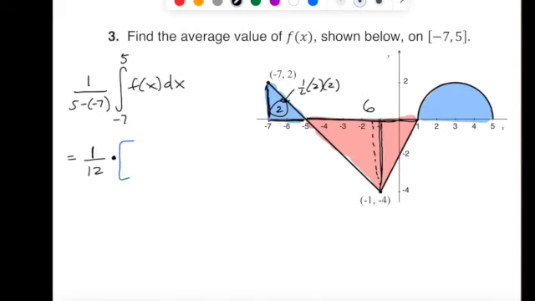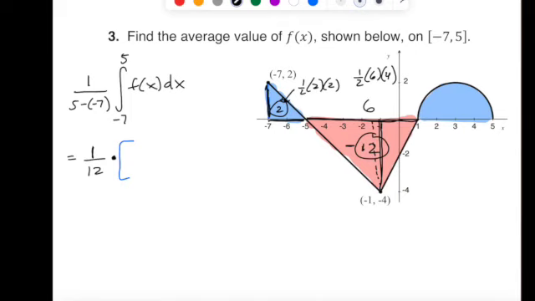That's an altitude of 4. So the area is going to be 1/2 base 6 altitude of 4, or an area of 12. But again, it's below the x-axis, so I'm going to assign a negative value to it.